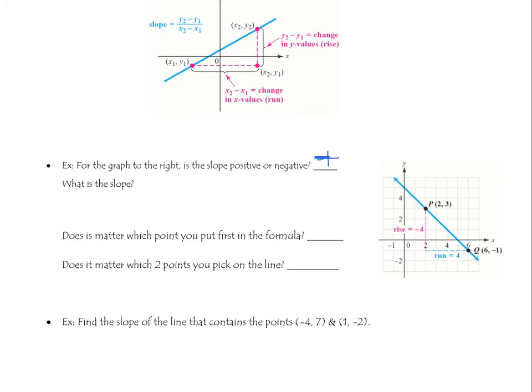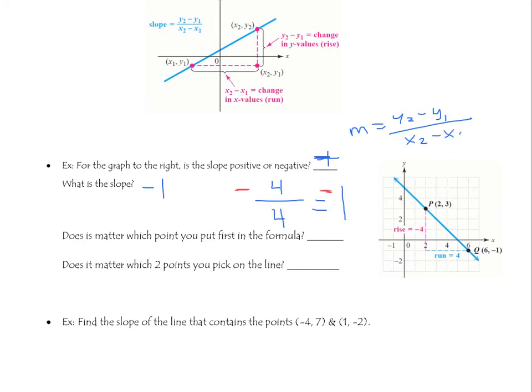So that's our numerator, 4. And the run is 1, 2, 3, 4. So we have another 4 for the run. And when we reduce it, we get 1. And the slope is not positive, it's negative because it's running downhill. So we have a negative sign in front. So our slope is -1.